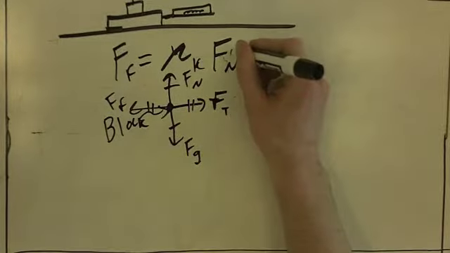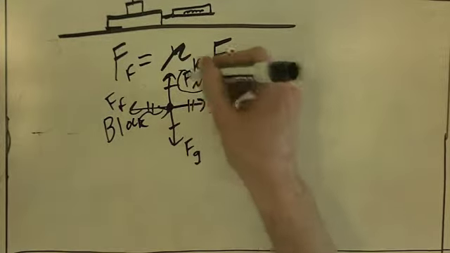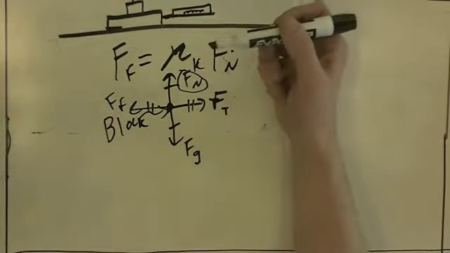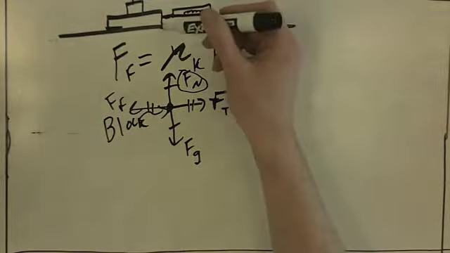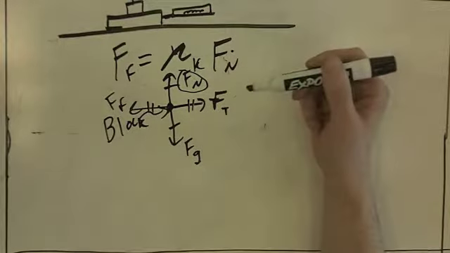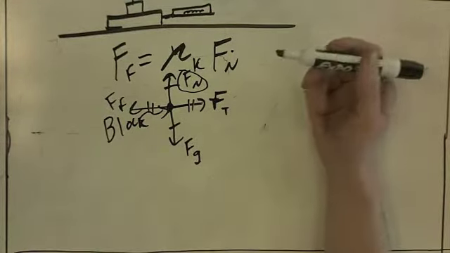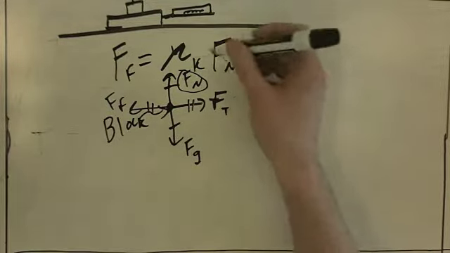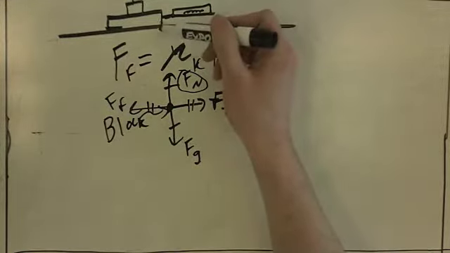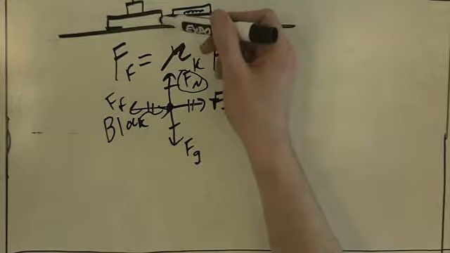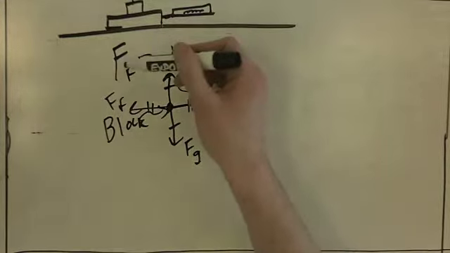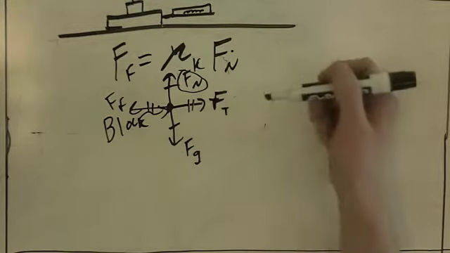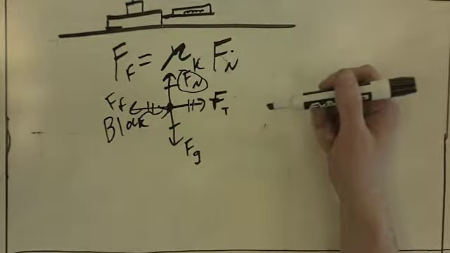When I'm talking about this normal force, I'm talking about the normal force between the block and the table. Or perhaps the block and whatever material you were dragging it over at that time. The point is that we're comparing the normal force between the surface and the object that's sliding and its frictional force, and they're related through this constant, this coefficient of kinetic friction. Okay.